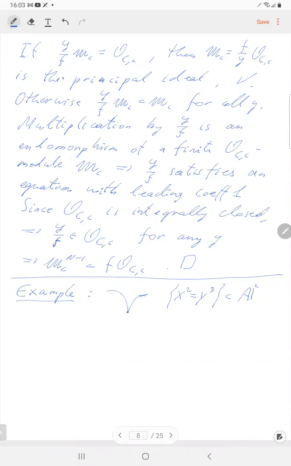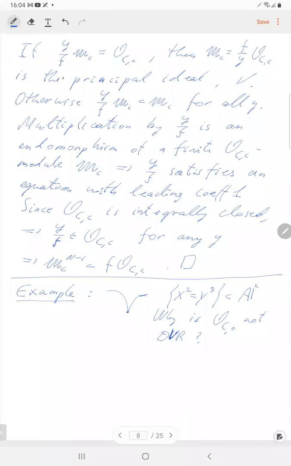Why is this local ring at 0,0 not a DVR? It is not integral. Yeah, integral, but I assume this is known.